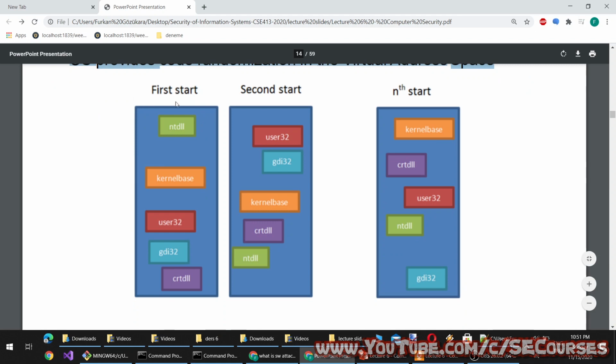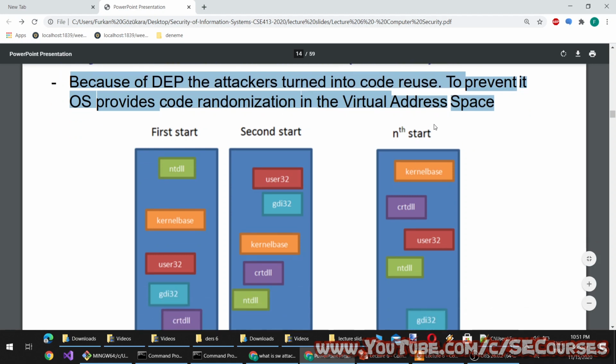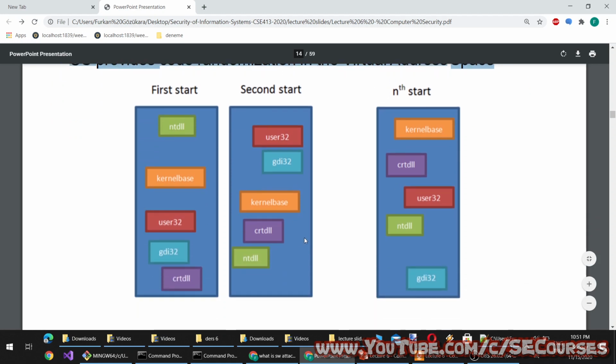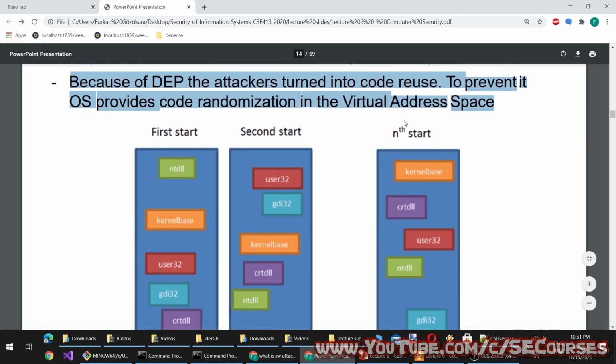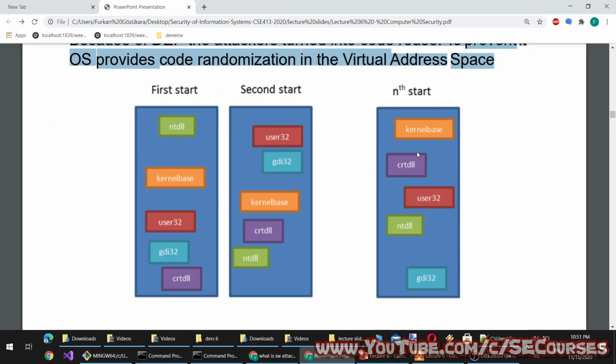Okay, so this is the first start: ntdll.dll, kernelbase, user32, gdi32, critical DLLs, and that second start: user32, gdi32, kernelbase, and such. You see at each start of the operating system, the memory addresses of the kernel space processes are changed, as you can see.